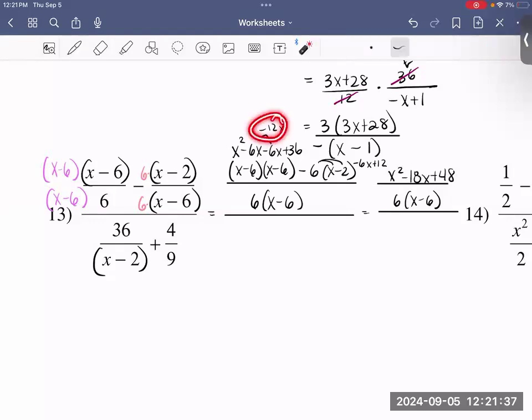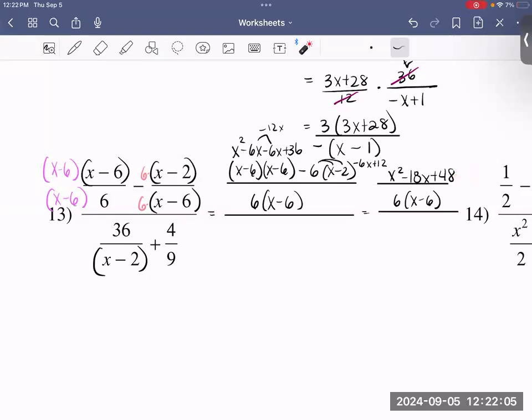So this negative 12 minus your 6x will get negative 18. 36 plus 12 gives you 48. Now you always want to check if this is factorable. The reason for wanting to check is that maybe it'll cancel with this x minus 6. Unfortunately, it is not factorable, so we're going to have to leave it as is.